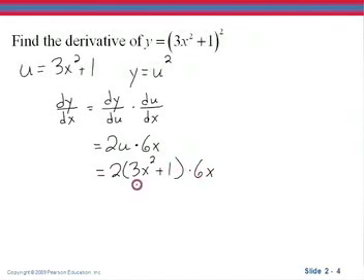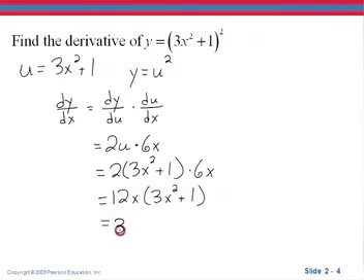First I'm going to multiply 2 times 6x is 12x times 3x squared plus 1, and distribute. 12x times 3x squared is 36x cubed. 12x times 1 is 12x. So the derivative of 3x squared plus 1 in parentheses squared is 36x cubed plus 12x.